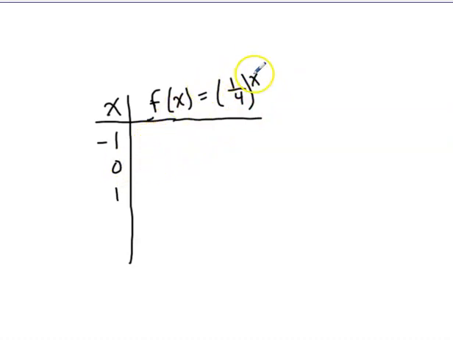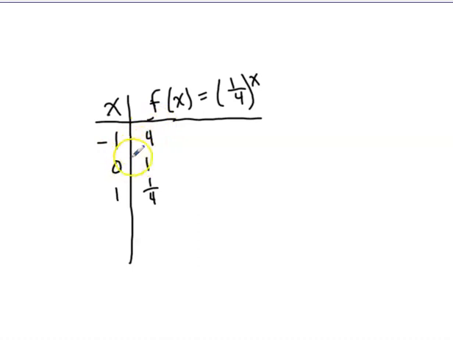So again, I'll sub in 0 for x, that gives me a 1. I'll sub in 1 for x, that gives me the base itself, so I have a 1/4. I don't really want to graph that point. Can't do it in DeltaMath, in fact. And when I substitute -1 in, a fractional base raised to a negative exponent actually becomes its reciprocal, right? So that gives us 4.